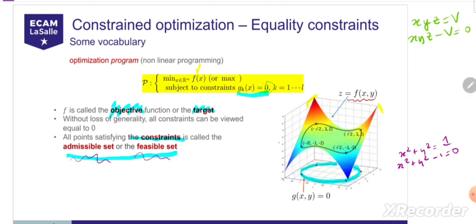So we are only going to look at the values that the function is taking for the points that belong to these ones. I'm not interested in anything else because this is the requirement. My points have to belong to this curve.